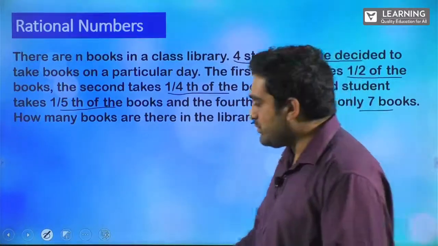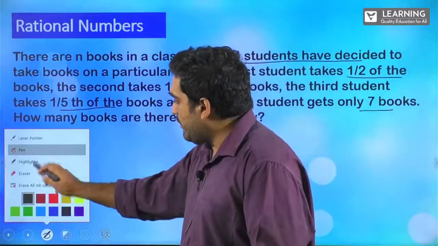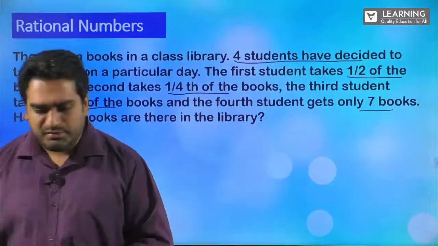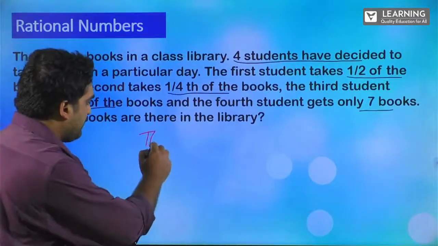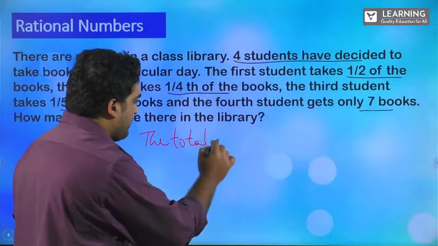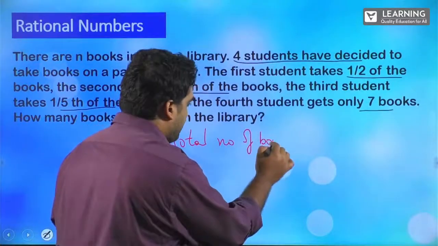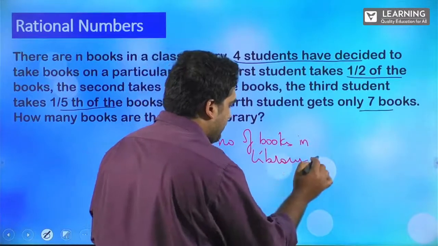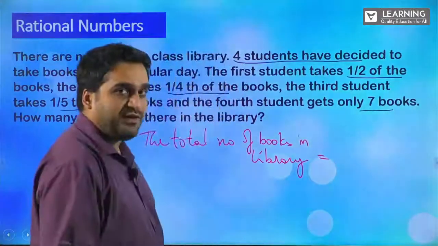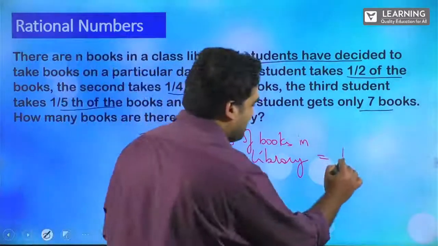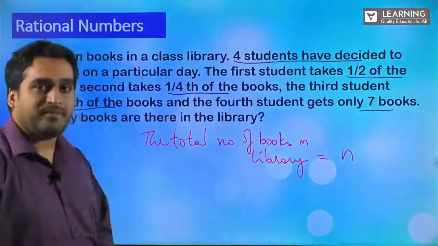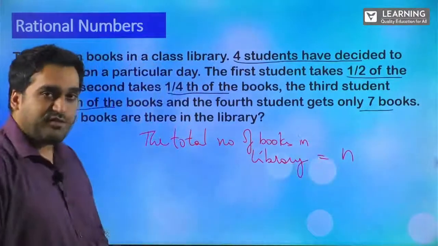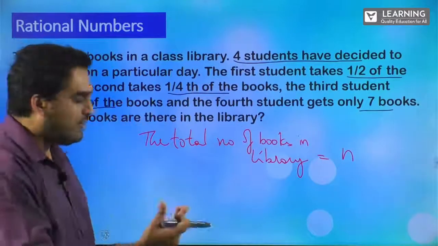So how do you solve such a question? Now it is already known to us the total number of books in the library is what we have to find, but it is given as n. So we will write it as n. n is the total number of books. Out of this n total number of books, half the books are taken by 1 student.